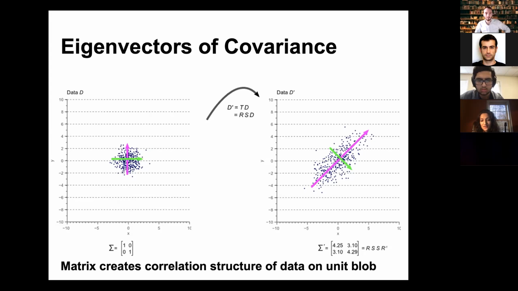And it turns out the direction in which your data is stretched the most is the largest eigenvector. And that actually also represents the highest covariance. So if you want a matrix that takes any old random data and turns it into your data, that matrix is going to have to stretch where your data stretches the most. And that's the largest eigenvector.